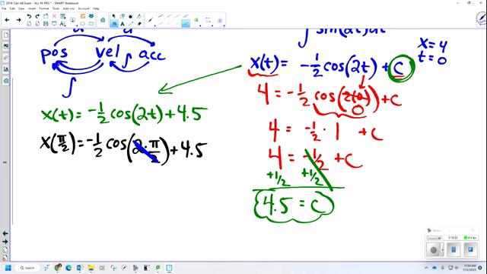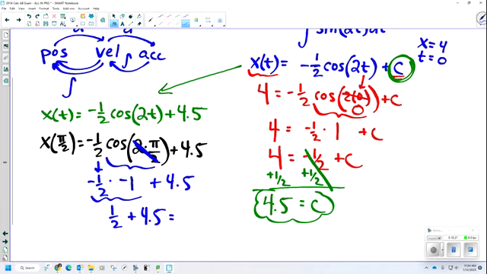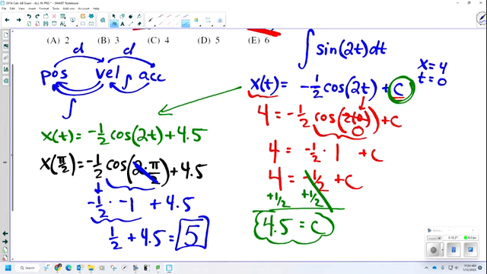The cosine of pi is negative 1, times negative 1/2, and I've got to add 4.5 to that. Negative times a negative is a positive, so I have a positive half plus 4.5. 4.5 plus another half is 5. And the answer is 5, which is choice D.